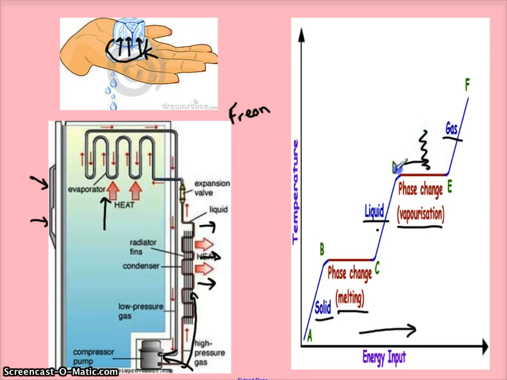And that evaporation is going to have extra heat that is produced. And that's exactly what's happening here. You may have noticed we have some coils, what's called an evaporator. The Freon inside the coils evaporates.